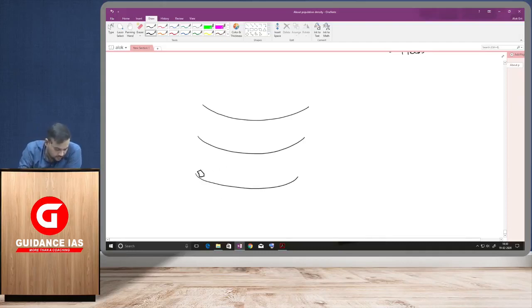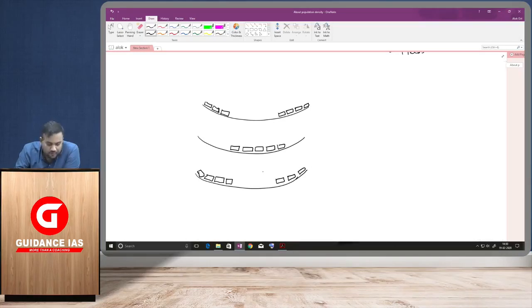So here, as you are going over the terraces, you will be finding that this type of houses at a particular distance almost would be found from each other. So there would be formation of semi-compact settlements.